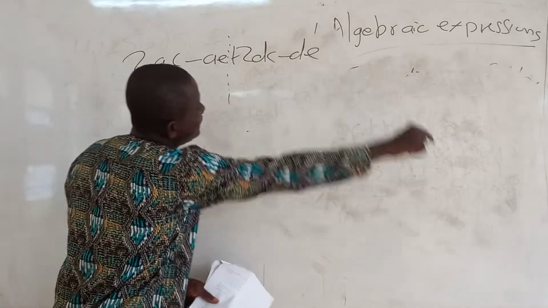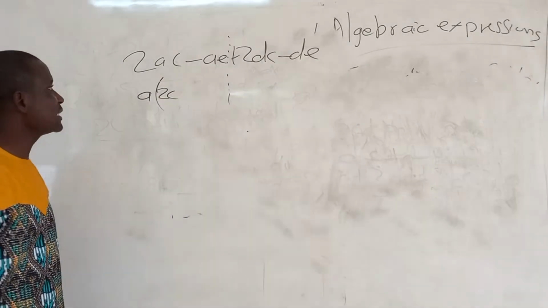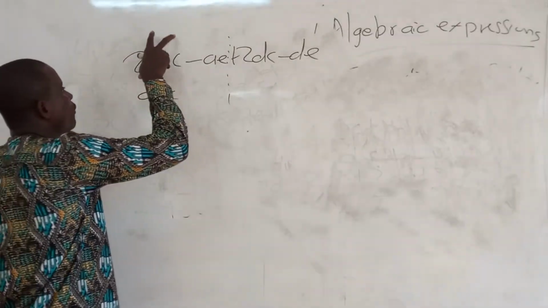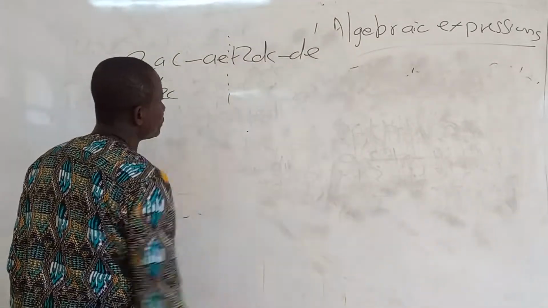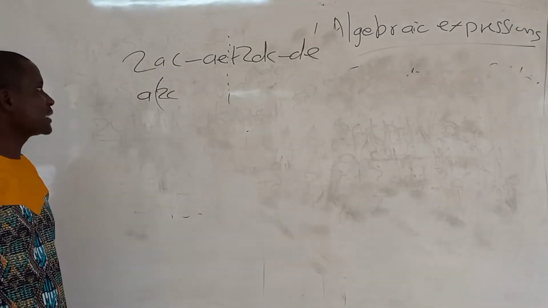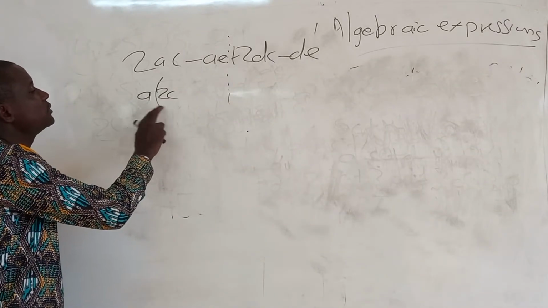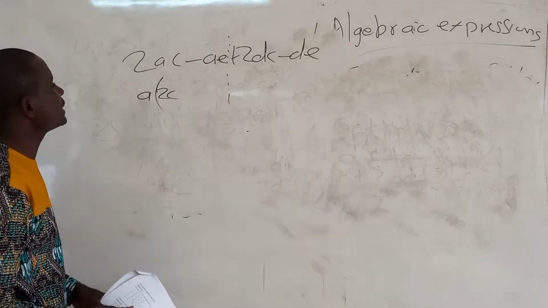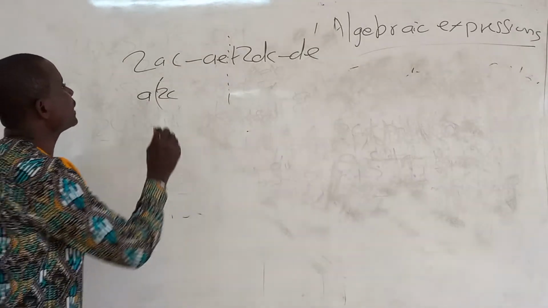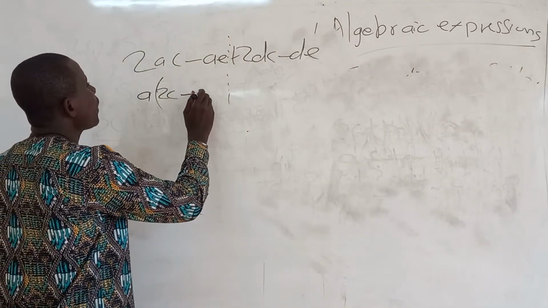This is an expression that entails 4 terms. First term, second term, third term, fourth term. And we are asked to factorize it. So here, I'm having what? A is out and we have 2C here, minus what?